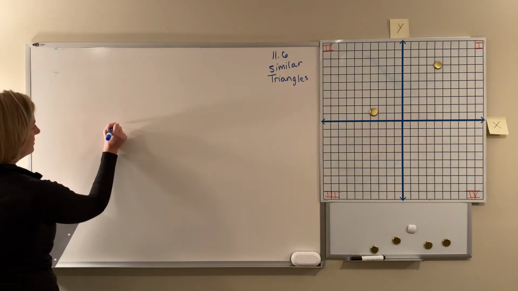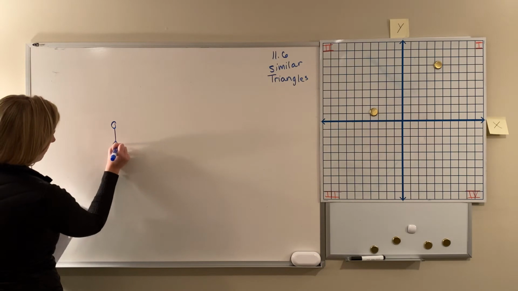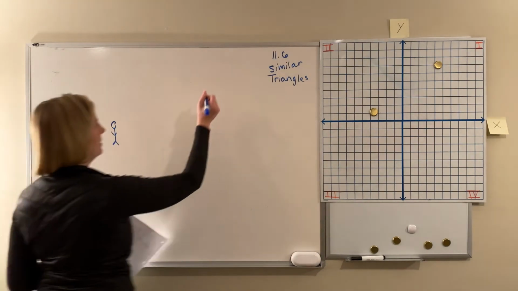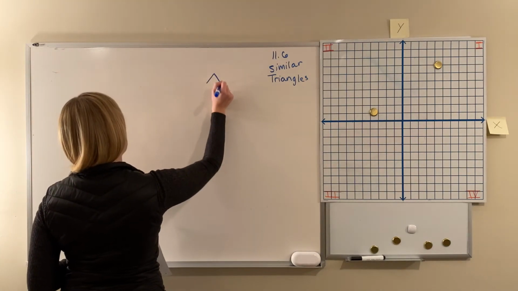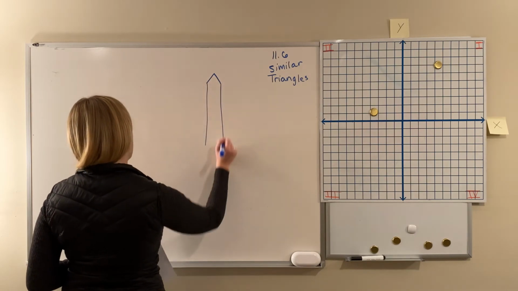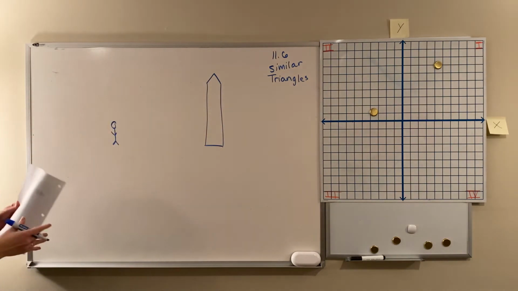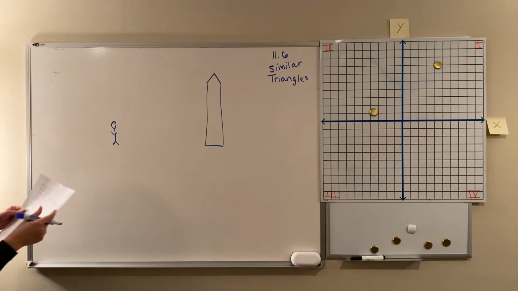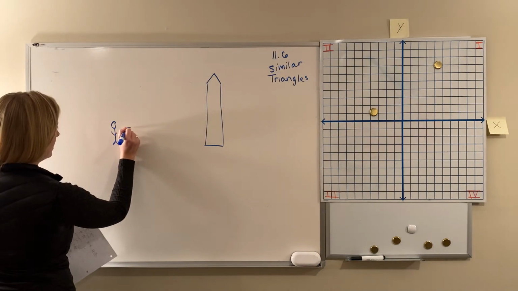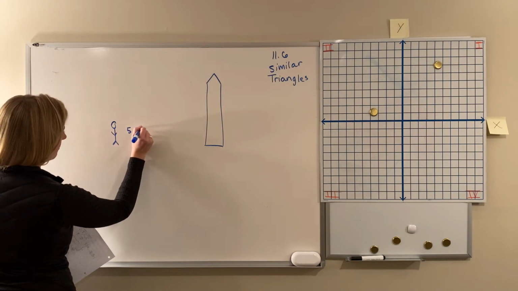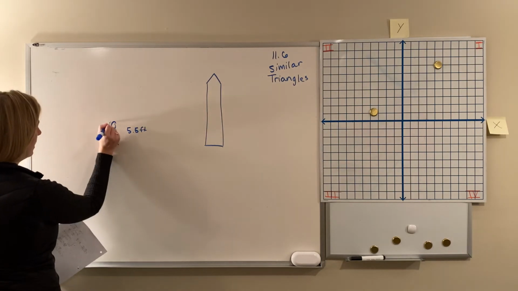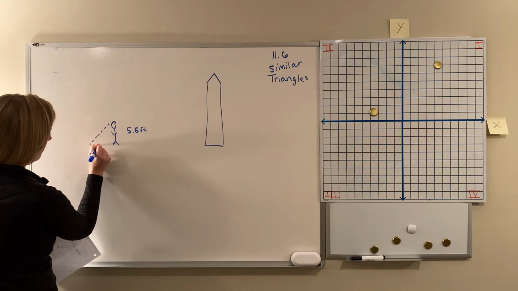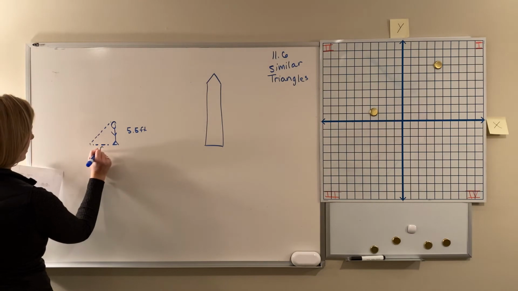So we have Janelle right here, having a great time. And then we have everyone's favorite, the Washington Monument. We're told that Janelle is 5.5 feet tall, and we're told that she's casting a shadow that is 3 feet.